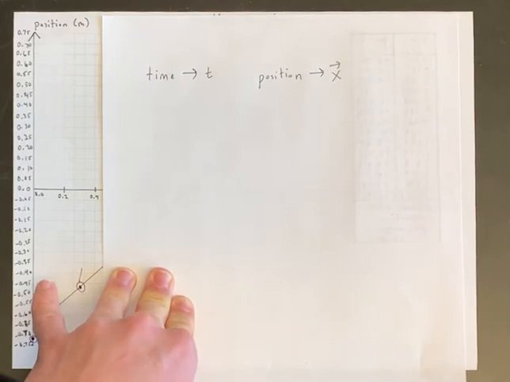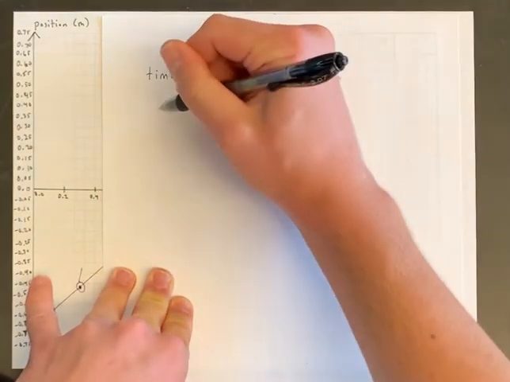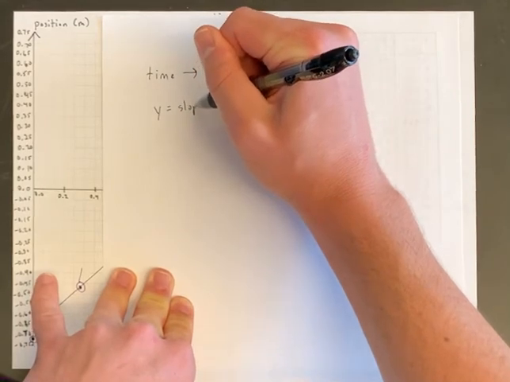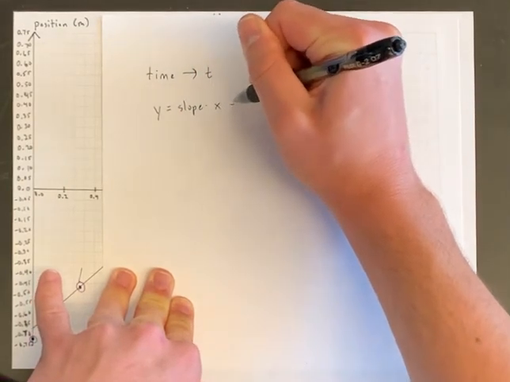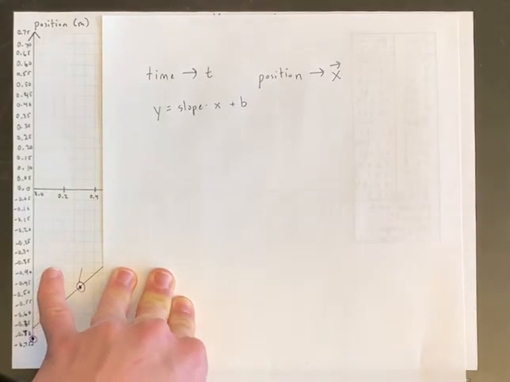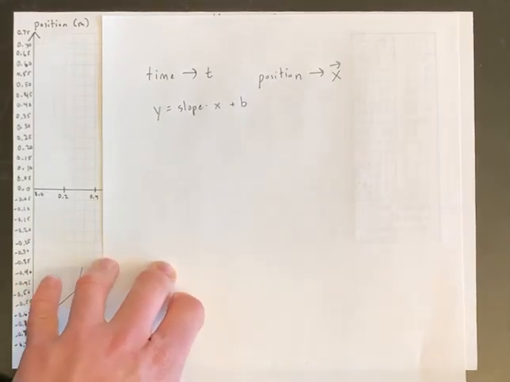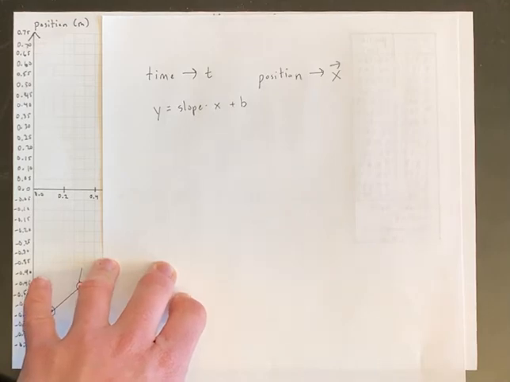So that's our position. From there, I'm going to identify the equation y equals slope times x plus b for a linear relationship because I do have a line. But now I'm going to replace the letters y and x with my variables that are on those axes.